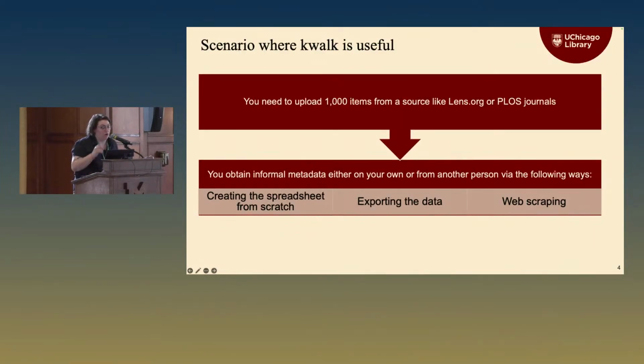So a scenario where kwalk is useful is, say you need to upload 1,000 items from a source like lens.org or PLOS journals, which are two sources that I recently uploaded to the repository. You will obtain the metadata, say, from scratch, or you export the data, or you web scrape it.